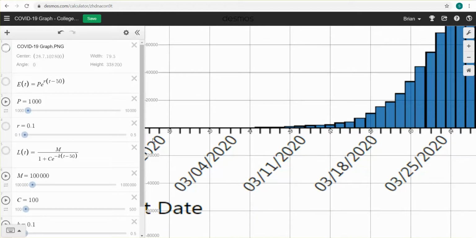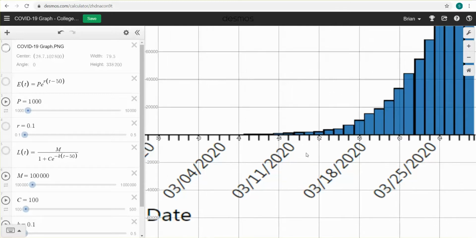So I've modified the function. If you look over here, you see t minus 50. That's shifting the graph 50 units to the right. And so this is my new ground zero, basically, at March 12th. And so that's what that does to that standard exponential function. Same thing with the logistic function down here. You have that one that can be manipulated as well. It's going to start with t equal 50 representing day zero, basically, on this.